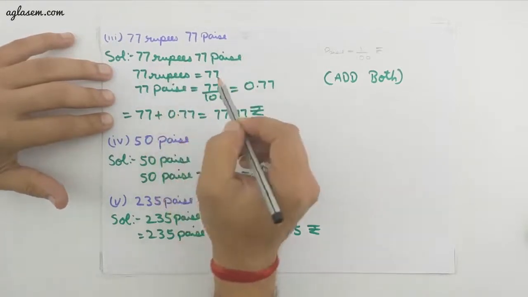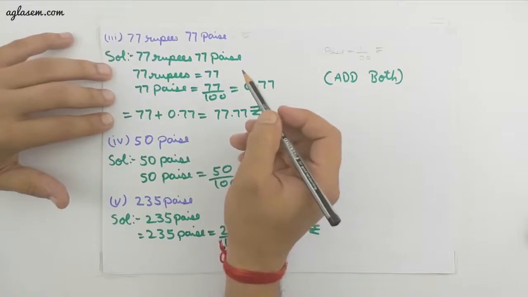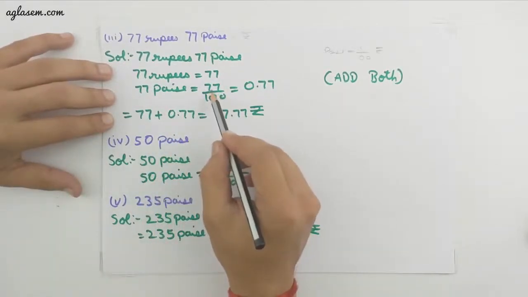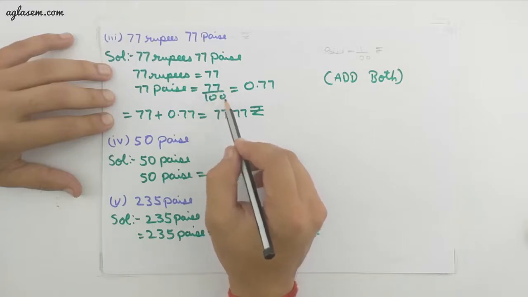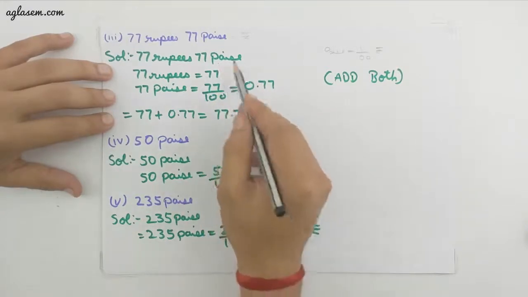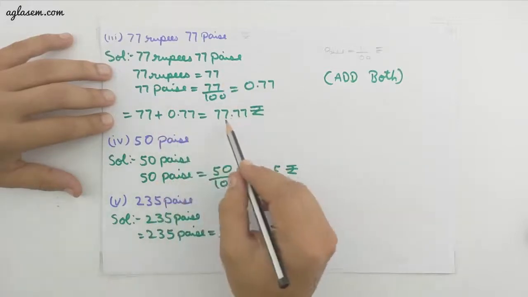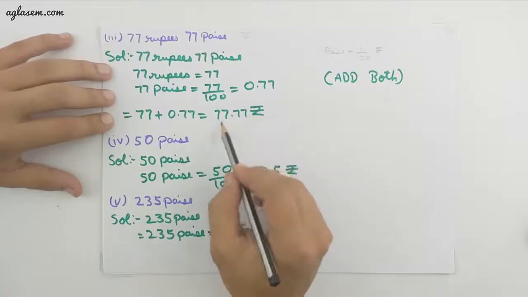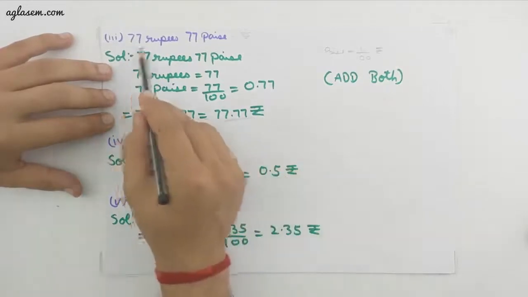So 77 rupees equals 77 rupees only, and 77 paisa equals 77 upon 100, which will turn into 0.77. If we add both, we'll find that 77.77 rupees is the decimal form of this.